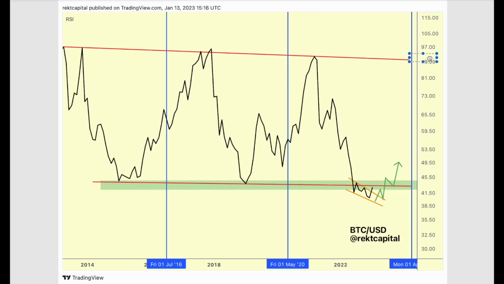So after the halving in May 2024, could we see that bull market peak in the RSI as well as in price happen a little bit sooner, in say October, September of 2025? Something to bear in mind based on these recurring tendencies on the monthly RSI.